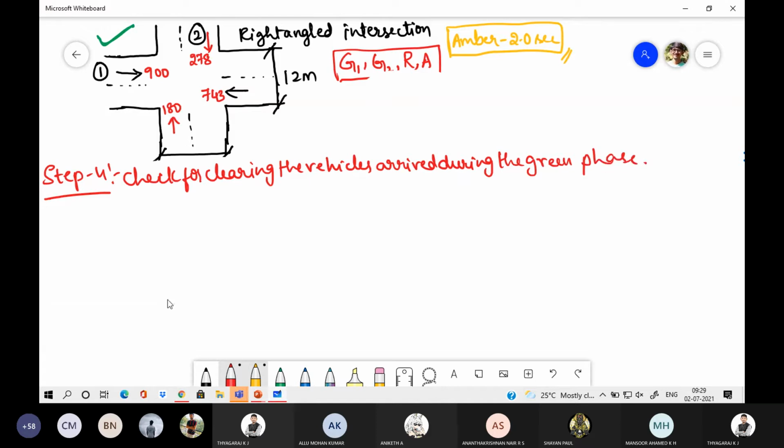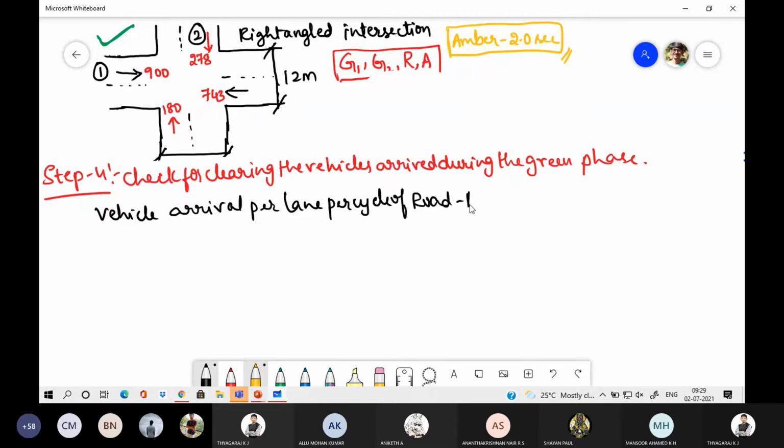Now, what is the traffic which is coming on road 1? There is a design traffic. Design traffic on road 1. Vehicle approaching or vehicle arriving. Okay. Vehicle arrival per lane per cycle of road 1. What is the design traffic on road 1?